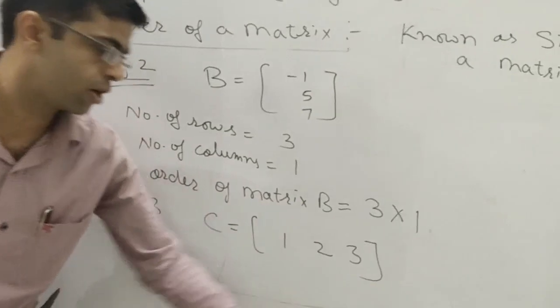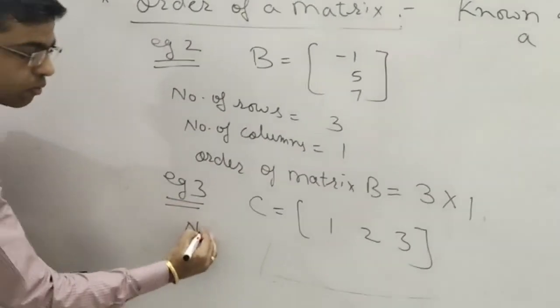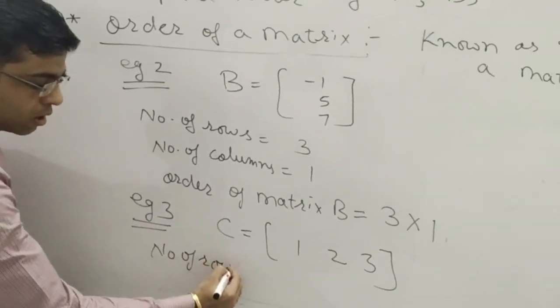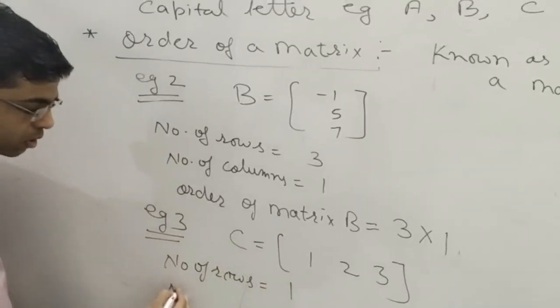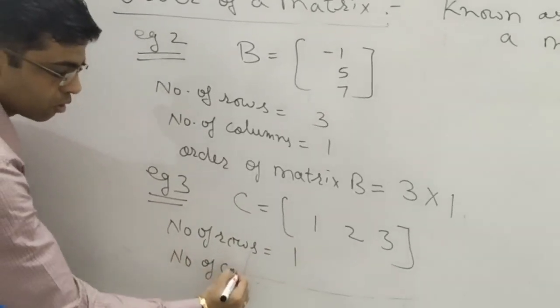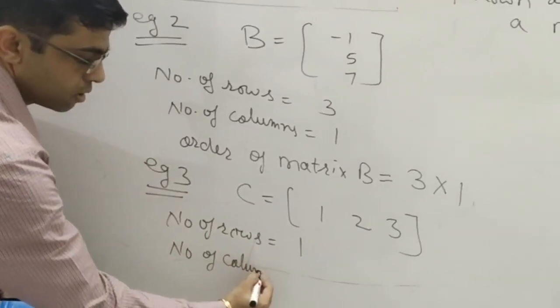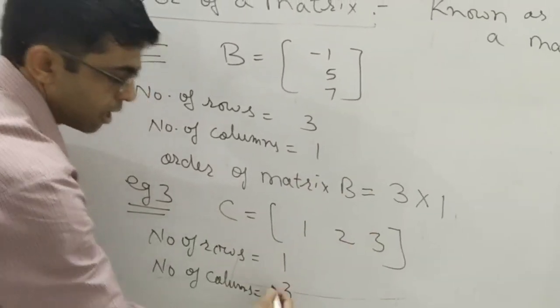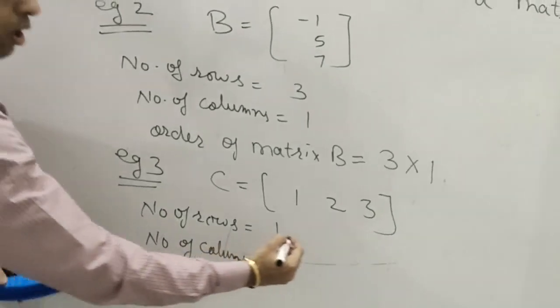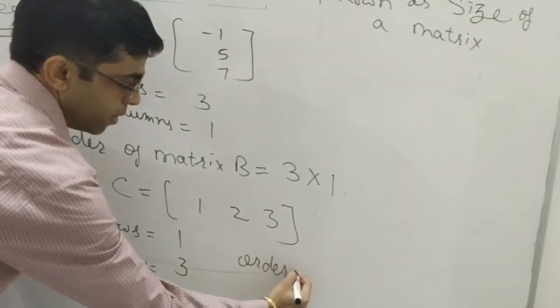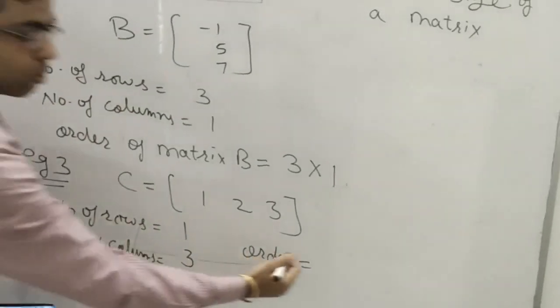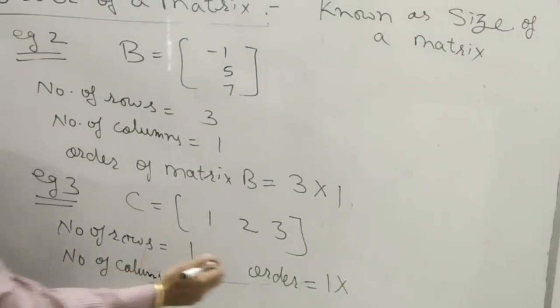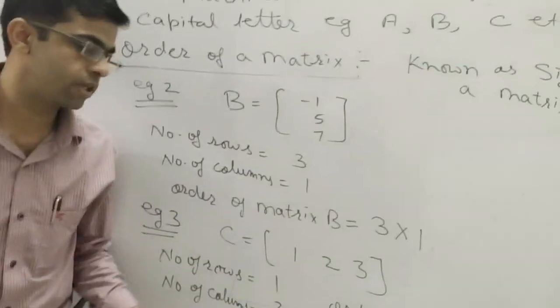The number of rows is 1 and the number of columns, there are 3 vertical lines, so columns are 3. So the order of this matrix is first rows, then the cross symbol, then columns: 1 cross 3.